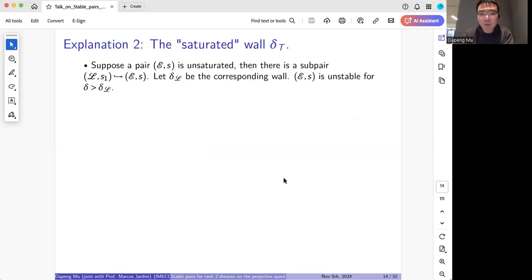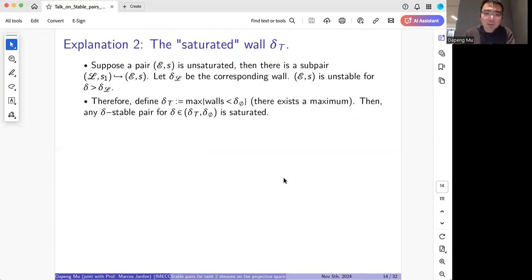A direct computation shows that when delta is larger than this critical point, this pair will be unstable. This motivates our definition of what we call the torsion free wall in our paper. We define delta T to be the maximum wall between 0 and delta empty set, in other words, the second largest wall.